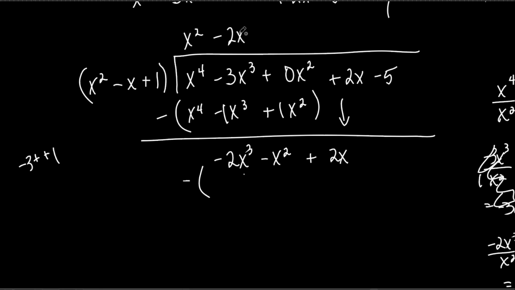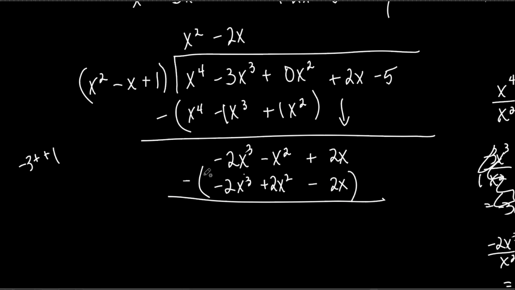All right, so let's go ahead and multiply now. I've got negative 2 times all this stuff right here. So it's negative 2x cubed. And then it's negative 2 times negative x. What's negative 2 times negative? It's a positive 2x squared. And then negative 2 times positive 1 is a minus 2x. And now let's subtract, and we'll bring down the next number.